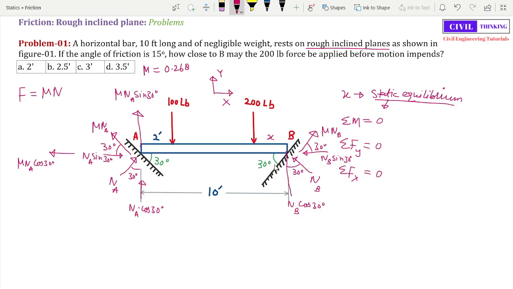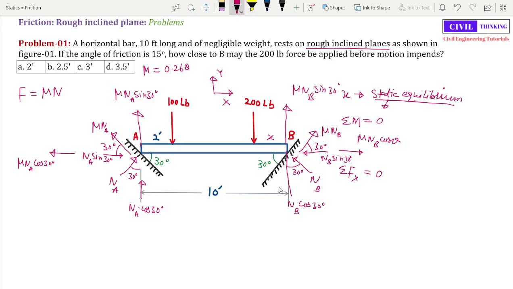Alternate angles, because this is 30, it means this is also 30 degrees. Let me erase this first. This is going to be mu NB cos 30 degrees, and we will have a normal component here, mu NB sine 30 degrees, right? Now these are all the components.